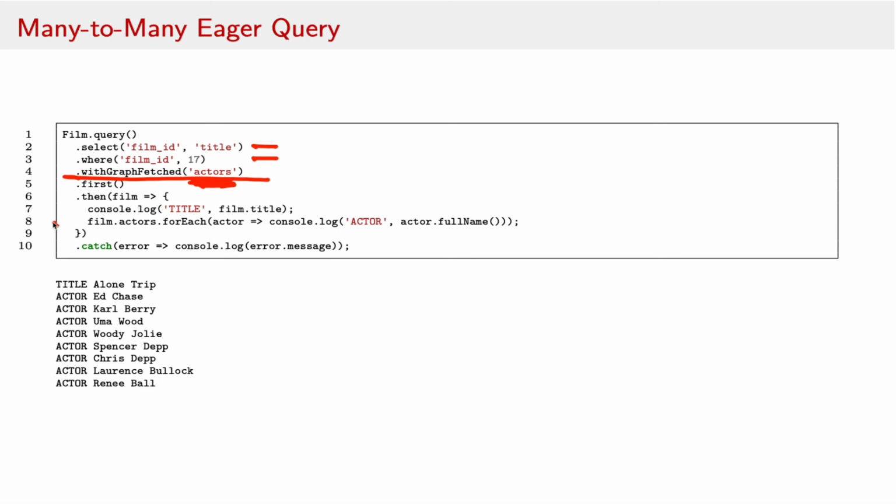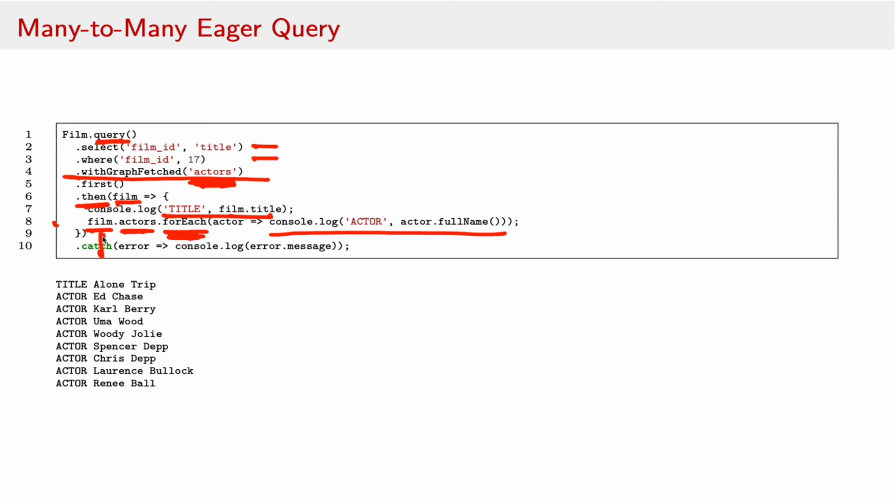And you can see here that obviously there's only one query going on, or one promise that needs to be resolved from the objection library, and I'm going to get as an argument here that film, and you can see here I'm just going after film.title. And then because the actors on that film are going to be stored under this actors key within the film, you can see here that when I do this iteration to print out the actor's full name, I'm iterating over film.actors and then using the standard forEach.